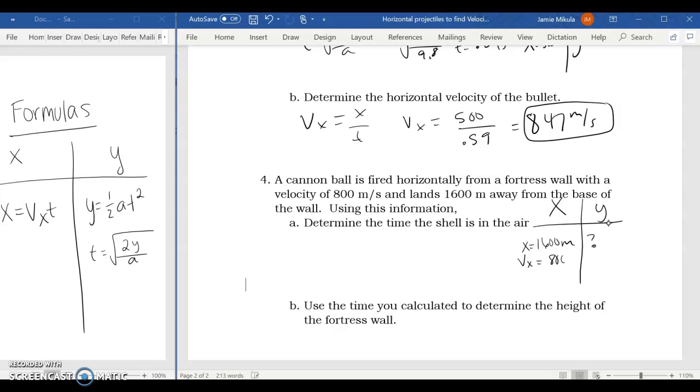So the only thing we're missing with these three is the time. So I'm going to choose x equals vx times t to solve for time in this situation. X is 1600 meters. Vx is the 800 meters per second, and then solve for t. So I'm going to divide. Okay, so t equals 2 seconds.